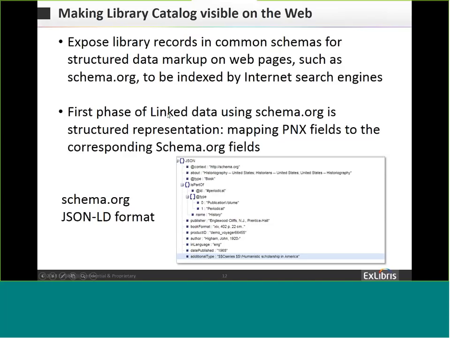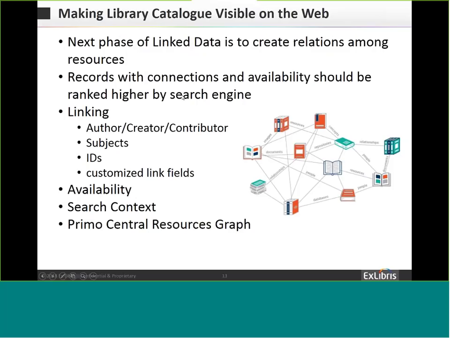So far, we know that records can be visible and can be marked as resources in a common and standard way for the web. We did it for the May release, and we are also using an external consultant who is an expert on that to help us better define how those records are going to be visible and rank highly in the web.